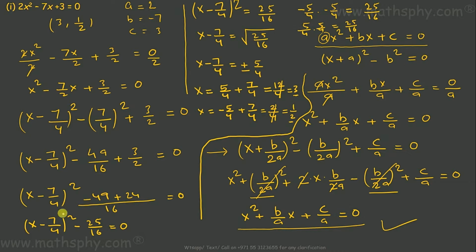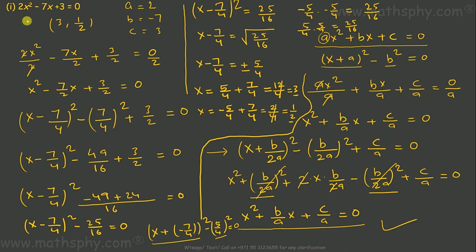Now, if you pay attention here, this piece, x minus 7 over 4 whole square, this is x plus negative 7 over 4 whole square, and this is 25 over 16, which is 5 over 4 whole square equals 0. This piece here is this minus this piece here, 5 over 4 whole square, is this.